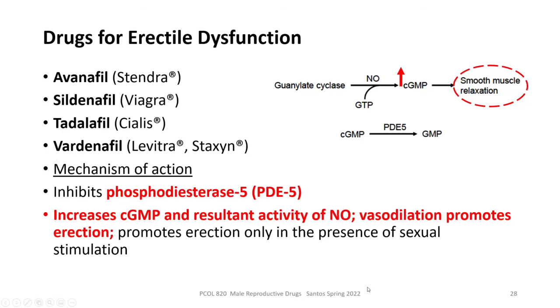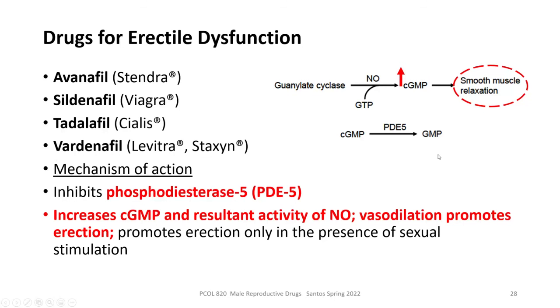And as a last group, the drugs that are used to treat erectile dysfunction, which is the family of the afils: avanafil, sildenafil, tadalafil, and vardenafil. The mechanism is to inhibit phosphodiesterase 5.